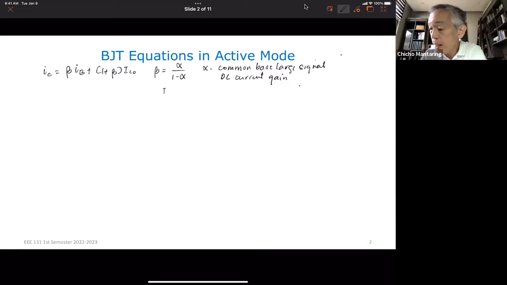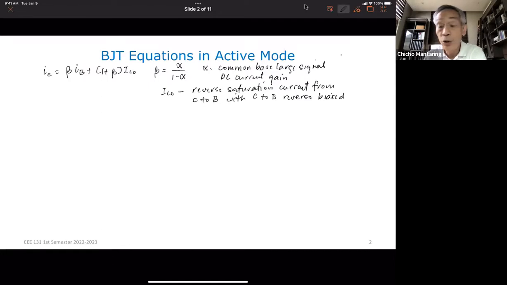Okay, ICO we said was the reverse saturation current from collector to base, with C to B reverse biased.